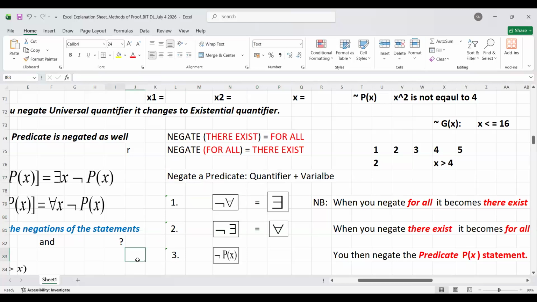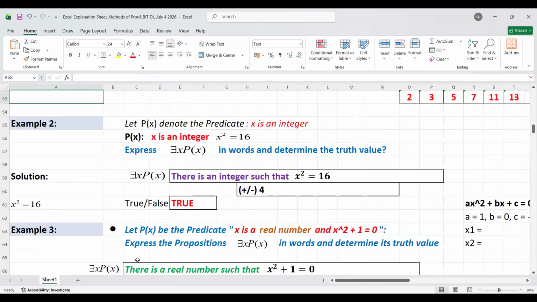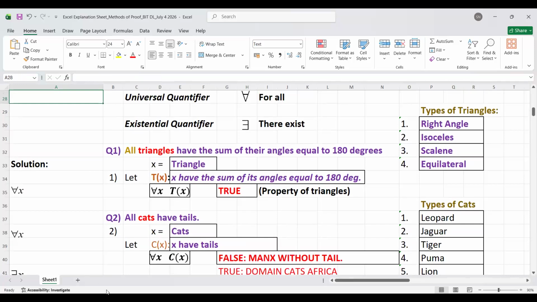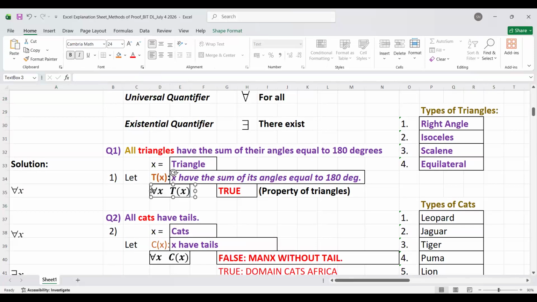Now, I want to make sure you understand what I'm sharing. Let's go to the first example we saw today: all triangles have their sum of angles equal to 180.